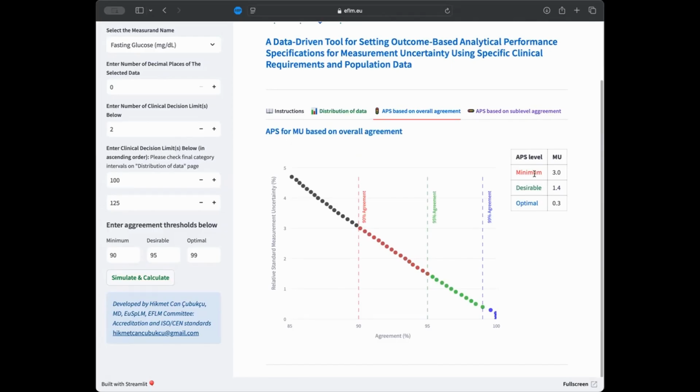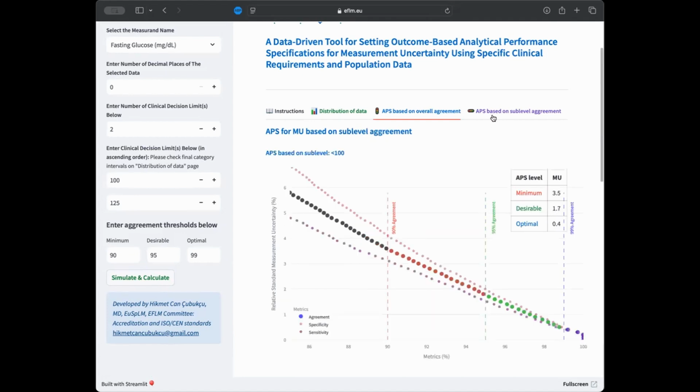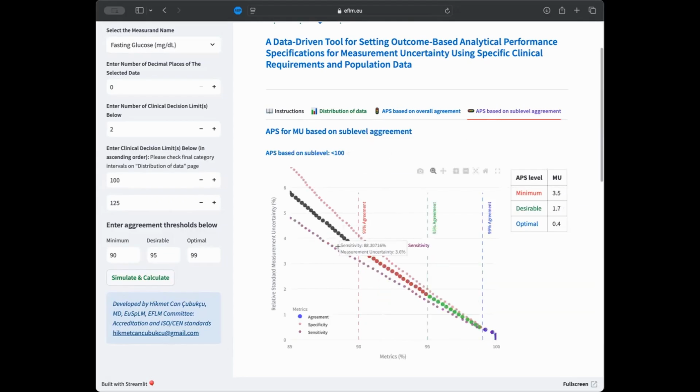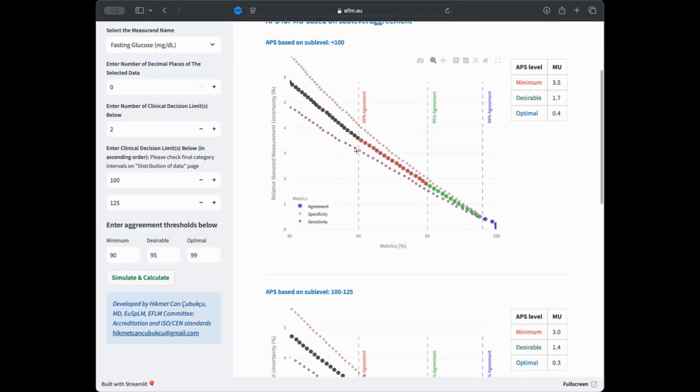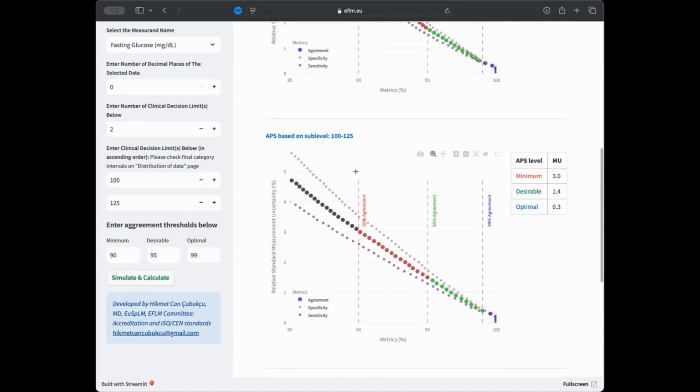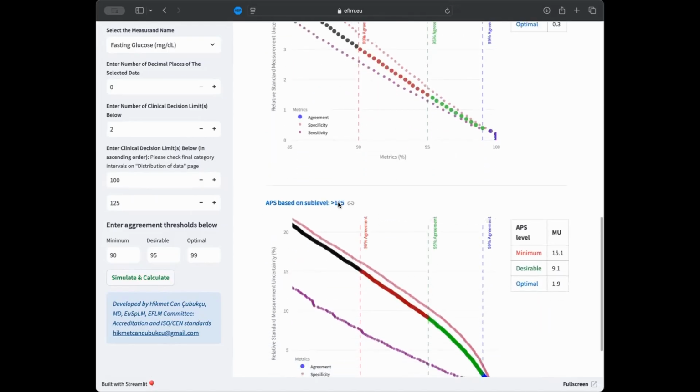In this example, my minimum APS-C for relative measurement uncertainty is 3%, for desirable 1.4, and for optimal level 0.3. I can also show my APS-C for sub-levels, subcategories, like lower than 100, 100 to 125, and higher than 125.